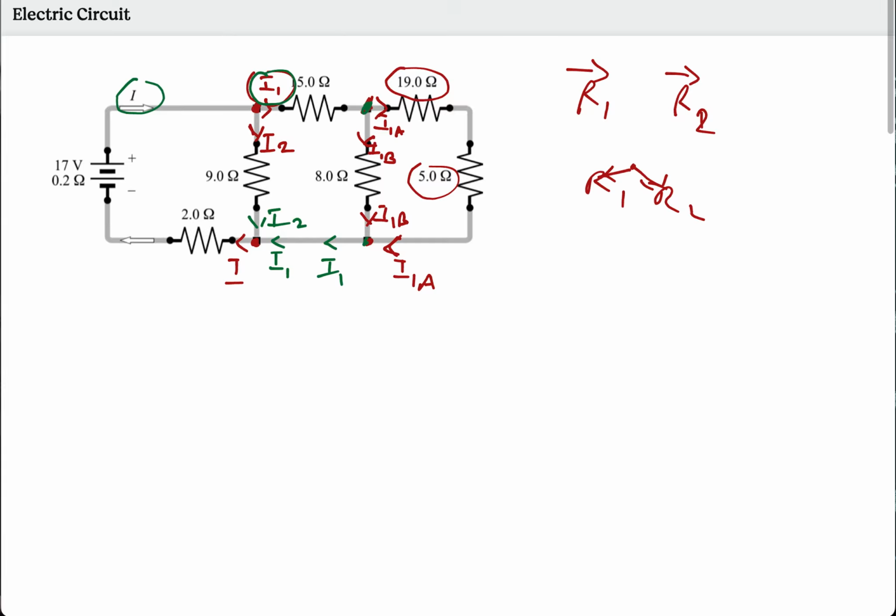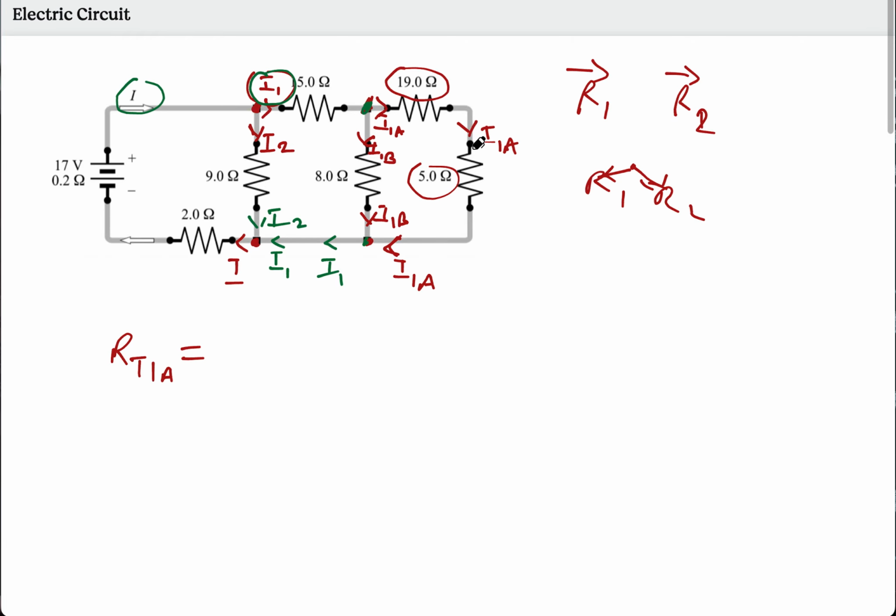So that implies that the best place to start here is with this 19 ohms and 5 ohms. From what I've explained already, I1A flows through the 19 ohm resistor. Then it will also be the one that flows through the 5 ohms resistor. Both of them are in series. So let's find the total resistance of those guys. Let me call it RT1A.